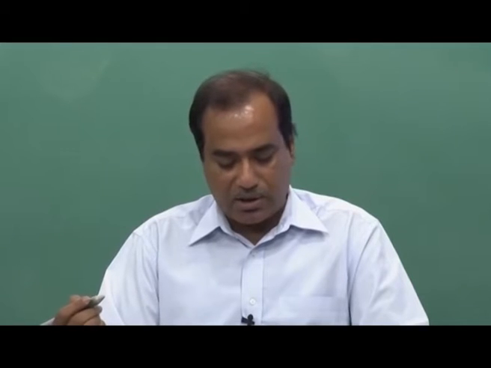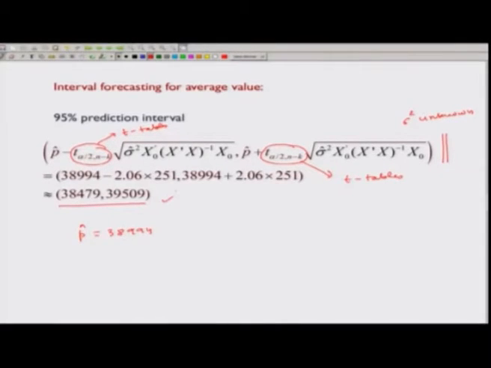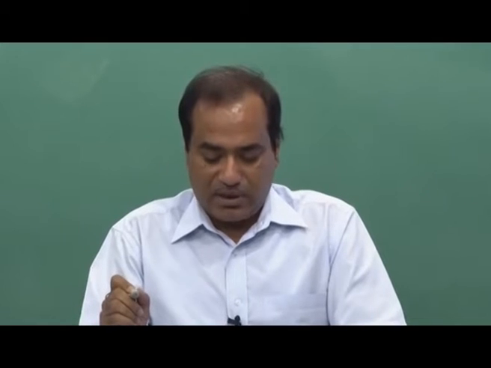We have obtained its standard error as 251 in proper units, and the prediction interval is like this. So this completes the framework of the prediction of average value in this case.